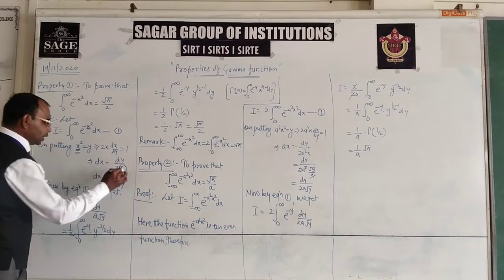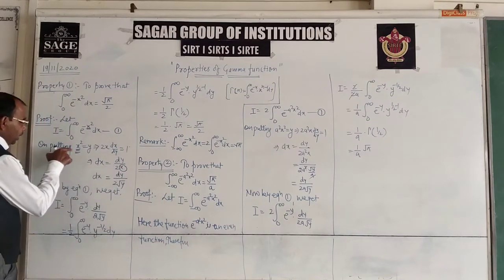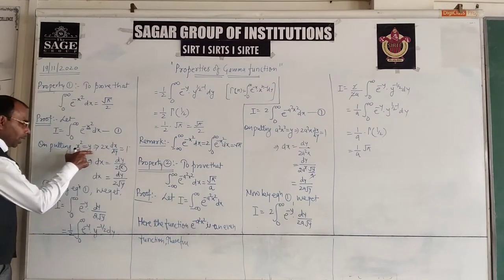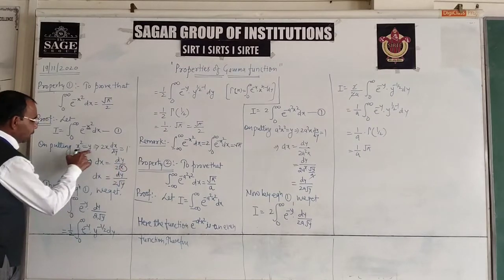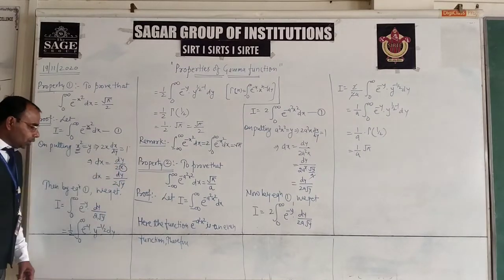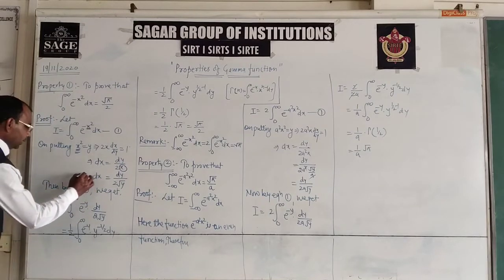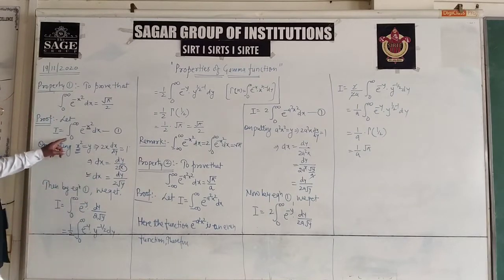We have x square equal to y, therefore the value of x is under root y. Then dx is equal to dy upon 2 under root y, and the limits are the same: y equal to 0, and infinity square means infinity.